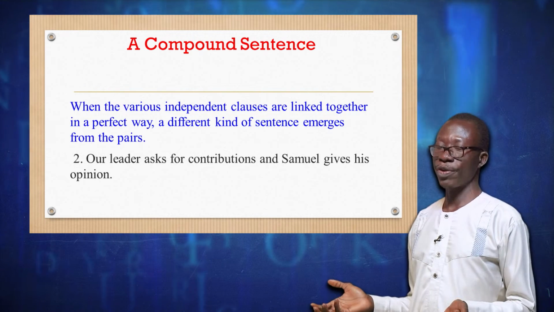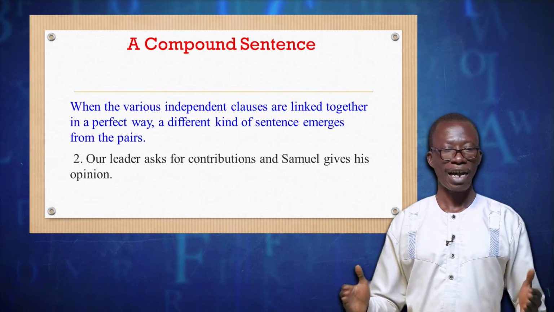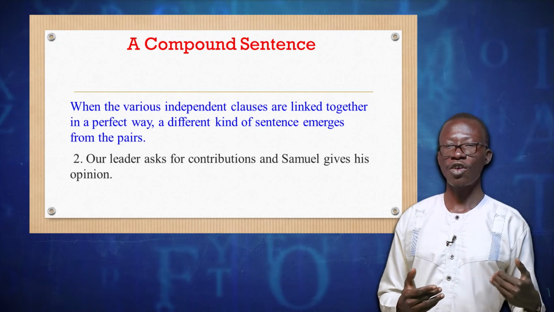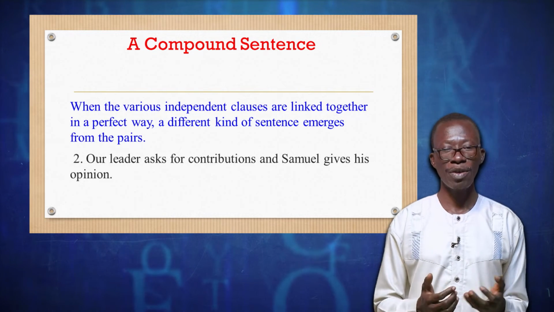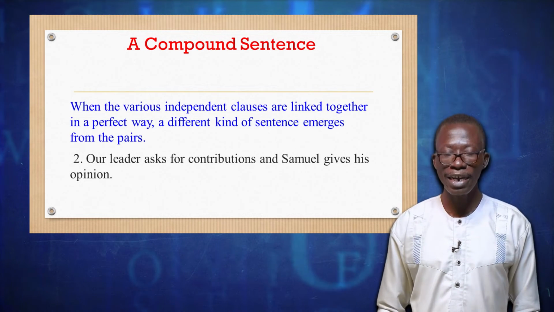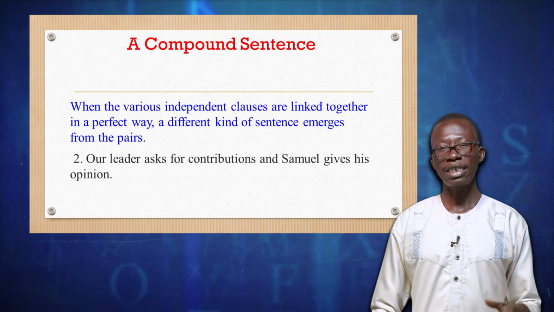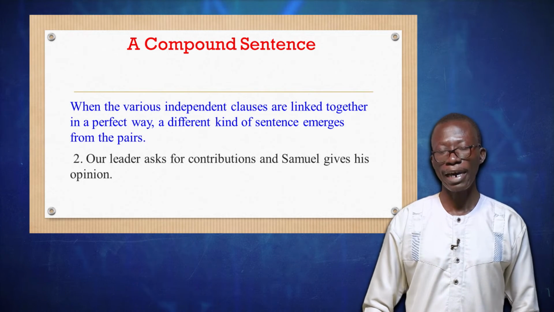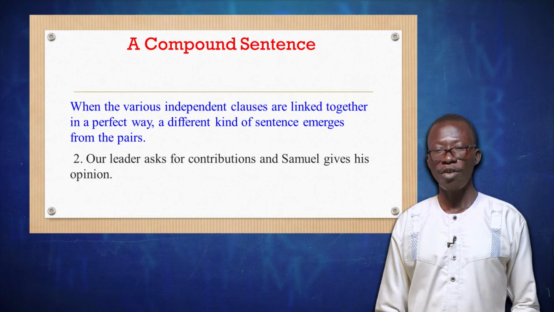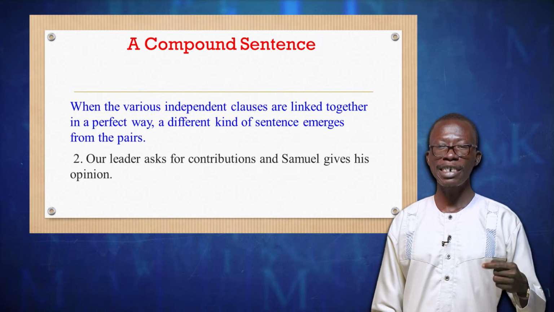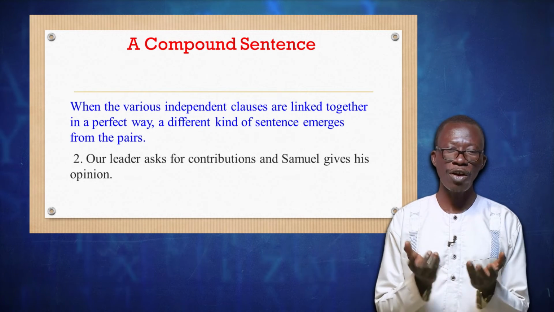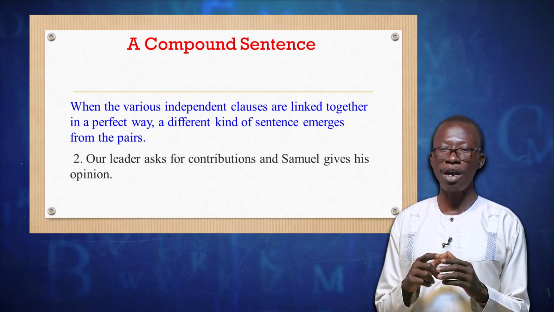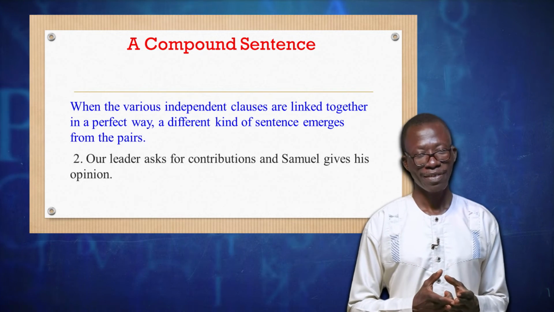Samuel gives his opinion, it also ends there. Now, having the two, our leader asks for contributions and Samuel gives his opinion, gives us a unique kind of statement which has its own unique meaning when we begin to analyze. Therefore, the kind of sentence that is created from this perfect union of the various pairs is termed a compound sentence.